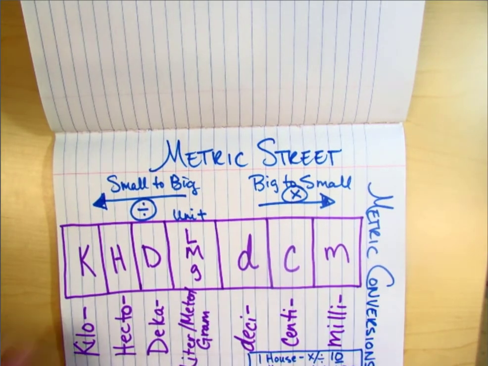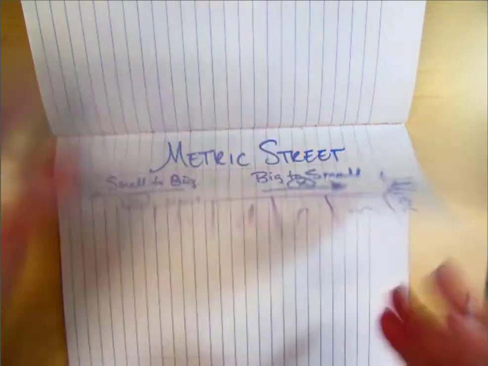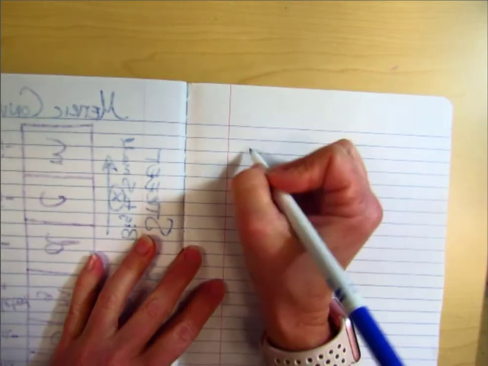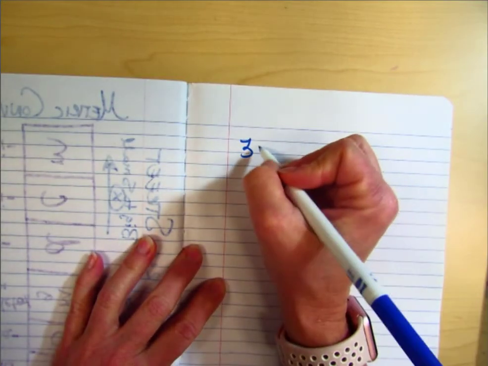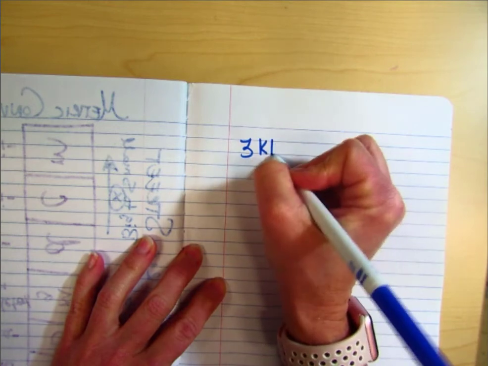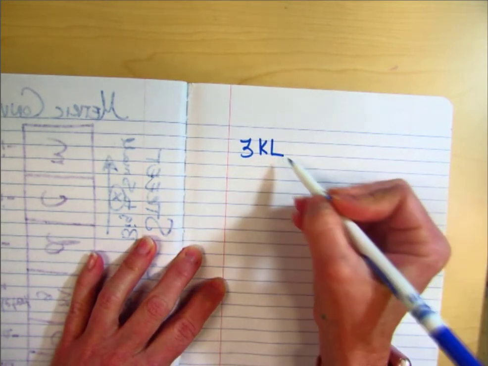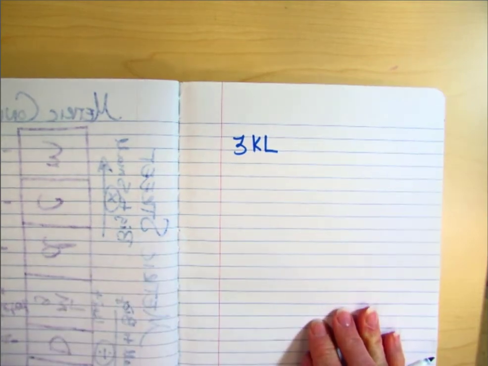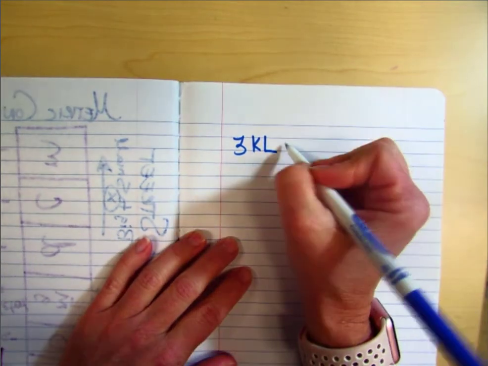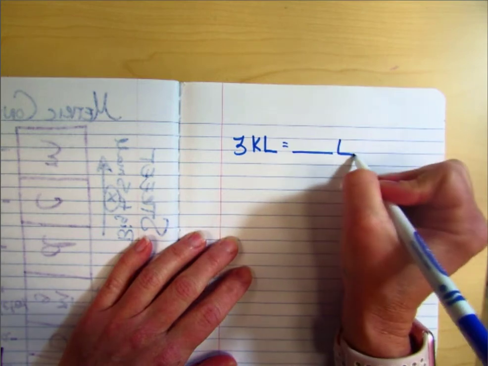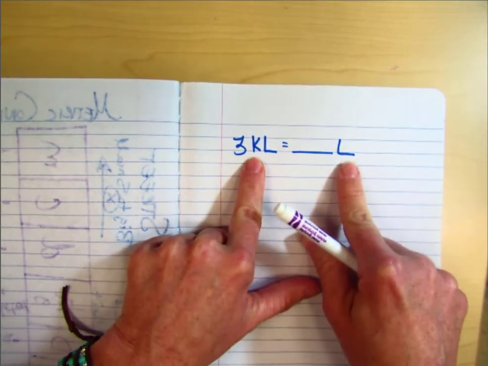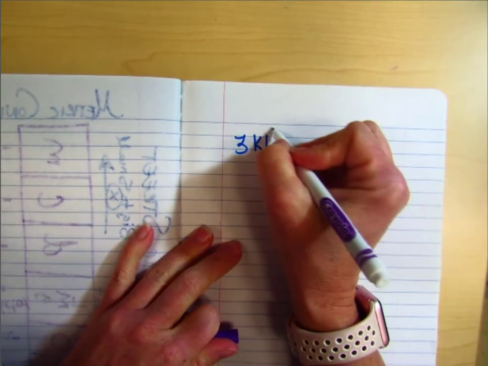So for example, let's say I am converting 3 kiloliters. The liters are always capitalized, meters and grams lowercase m. So kiloliters, and I want to take it to liters. What's going to be bigger, kilo or liter? Well, this is my big.